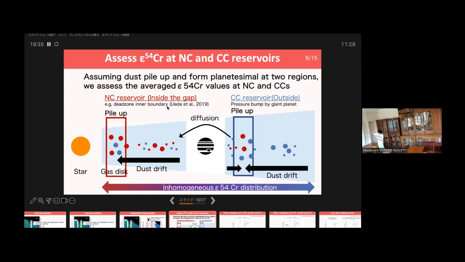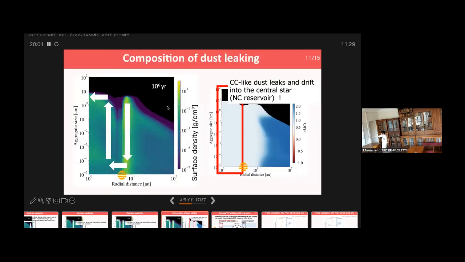For the CC reservoir, we directly derive the epsilon chromium value from the sum of dust aggregates at the region exterior to the gas gap. In this region we directly derive the value, and also we average some values by the sum of the dust region.